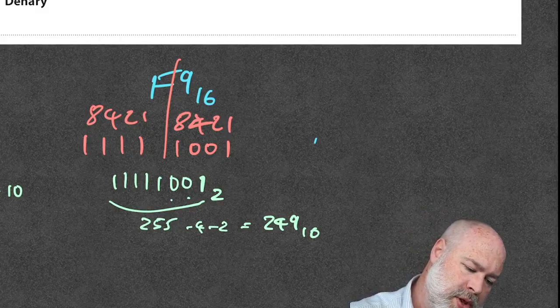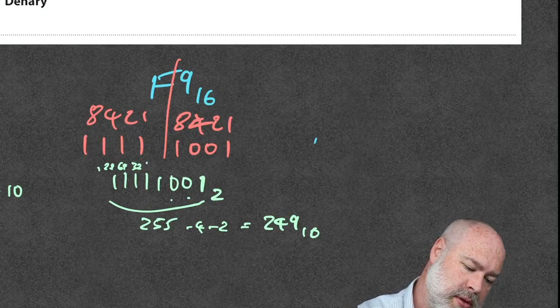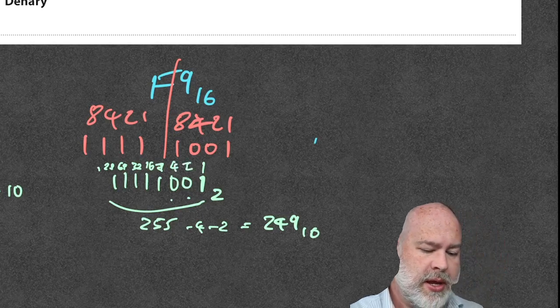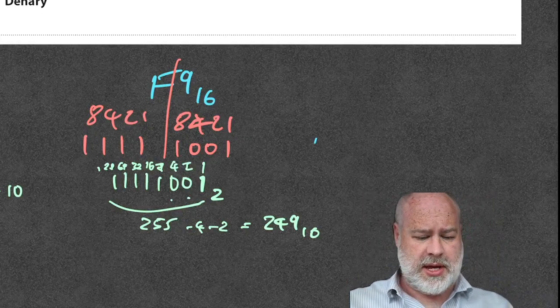Because once we've combined them back together again, we're looking at 128, 64, 32, 16, 8, and a 1, and a 4 and 2, but we don't have those 4 and 2 in there. That's the technique. That's how I would do it. That's the easiest way of doing it.